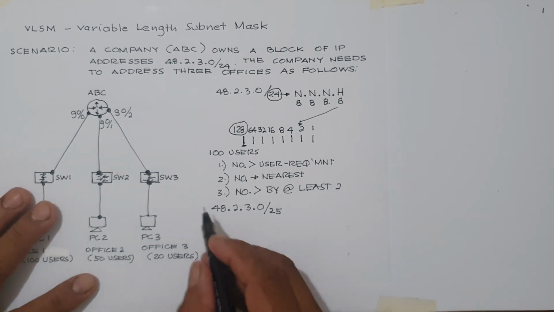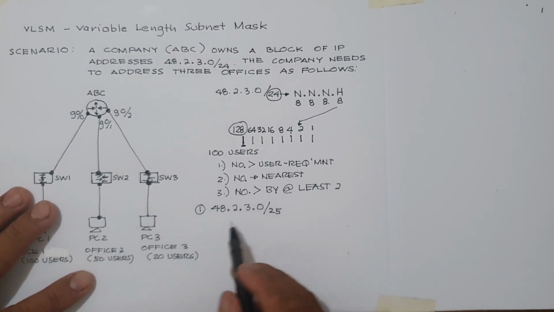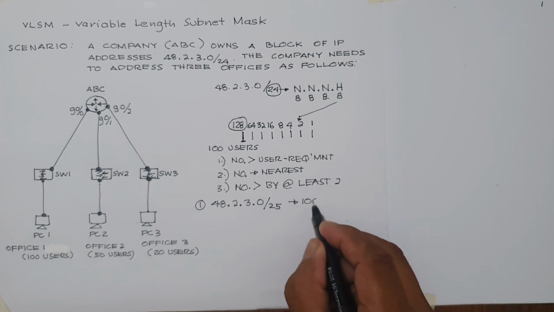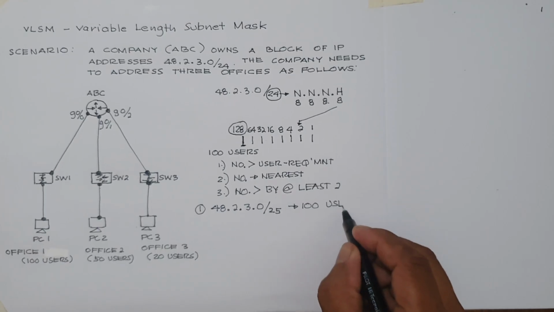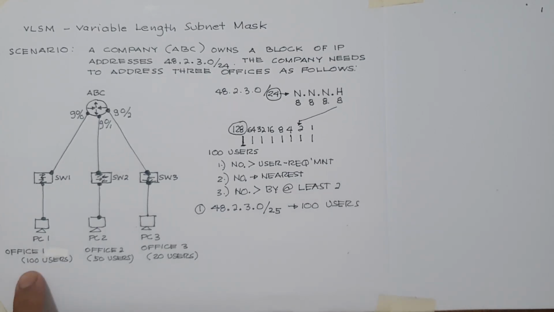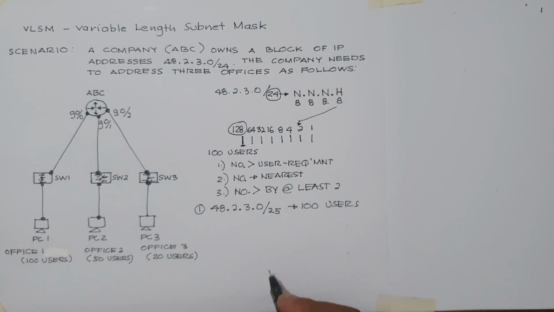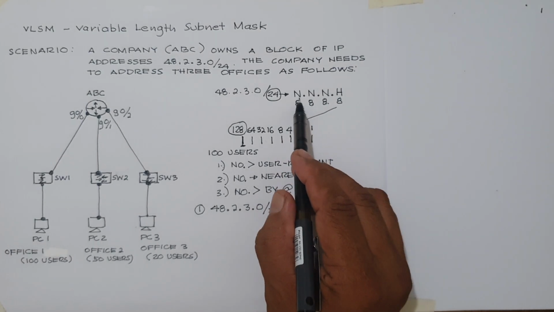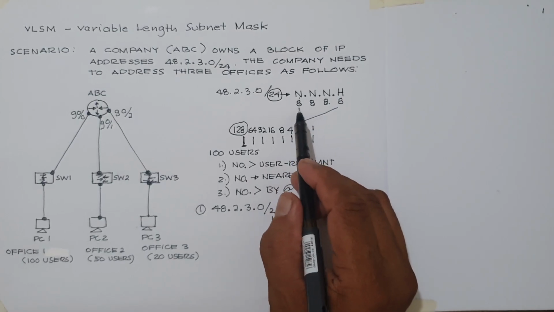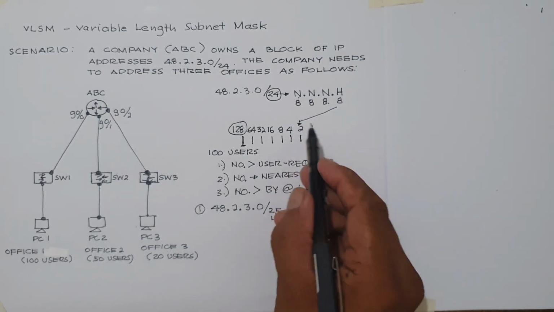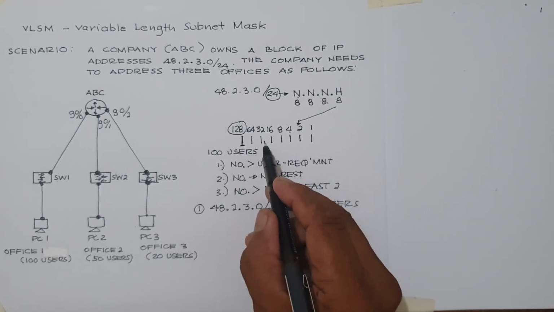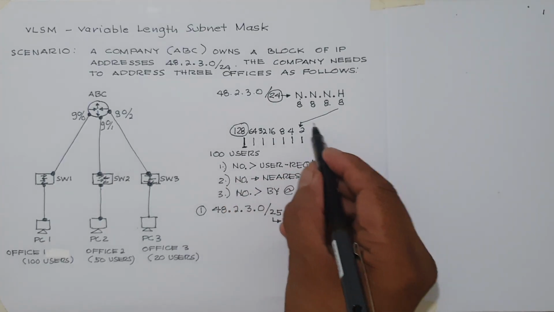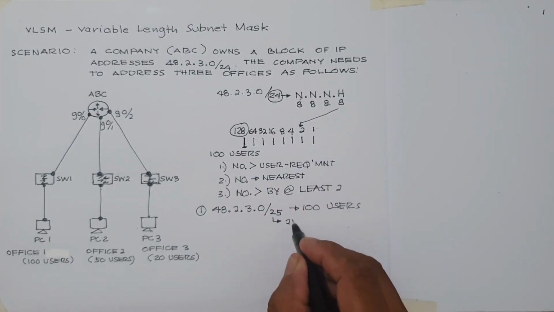Okay? So this is the network that we are going to use to support the 100 user requirement for Office 1. And what is the subnet mask of the bit mask 25? So of course, the first octet would still be a complete 8, and if you add all these numbers for a complete 8-bit octet, this would sum up to 255.